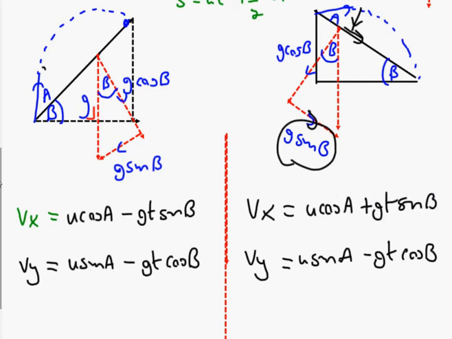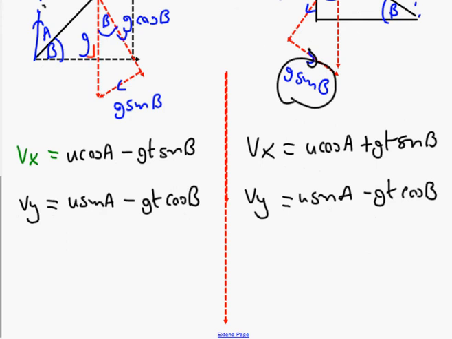Now, once you have the first two done, what's the shortcut for the second two? Anybody remember? Add a t to the u cos part, so ut cos a, and then for the second part, a half gt squared sine b.